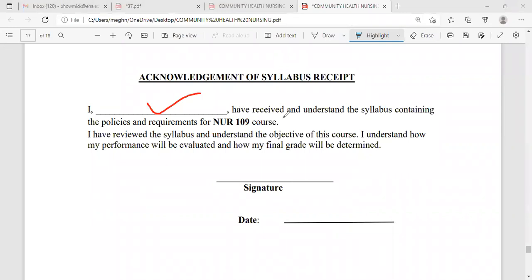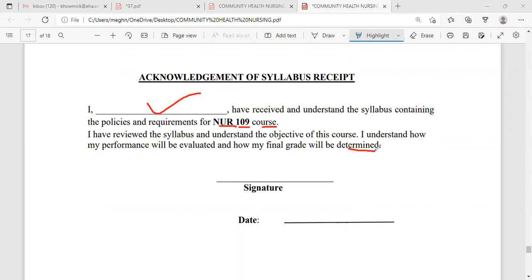I have received and understand the syllabi containing the policies and requirements for the subject, course 109. And I have reviewed the syllabi and understand the objectives of this course, and I understand how my performance will be evaluated and how my final grade will be determined.